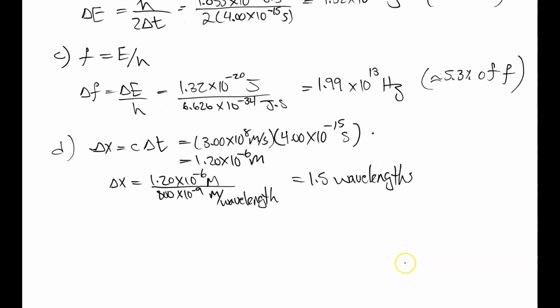In part E, we're asked to find the momentum and minimum momentum uncertainty. The momentum is given by E over c, so that's 1.055 times 10 to the negative 34 joules second over the speed of light.